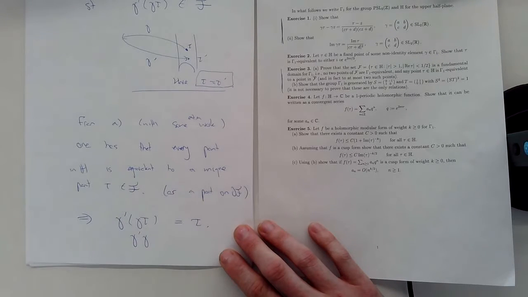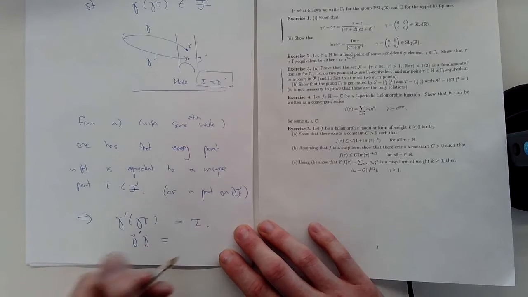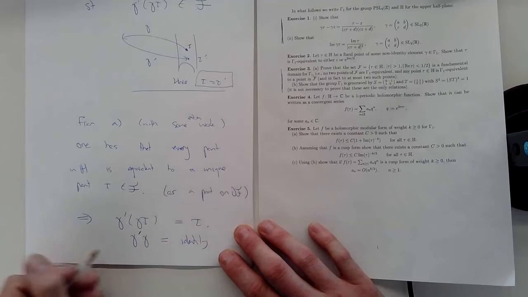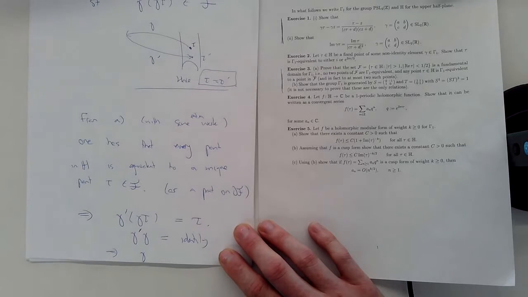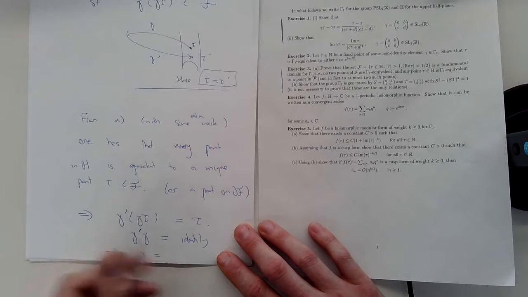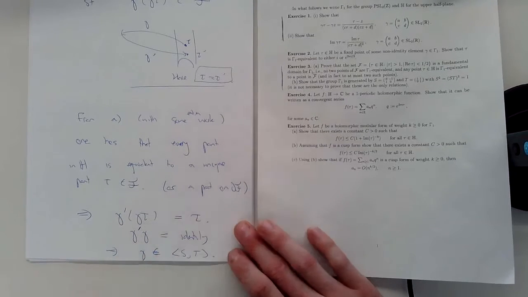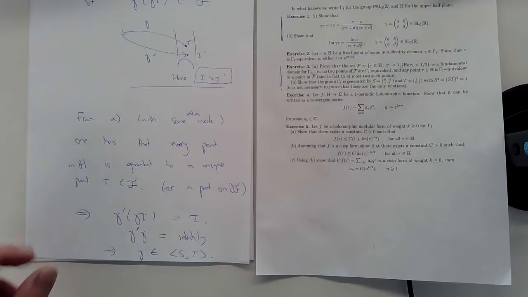And therefore, since this identification is unique, we end up getting that gamma prime gamma has to be the identity, which implies the arbitrary matrix we started with has to be in this group generated by S and T. So this would then give us the conclusion that SL2Z is generated by the two matrices.